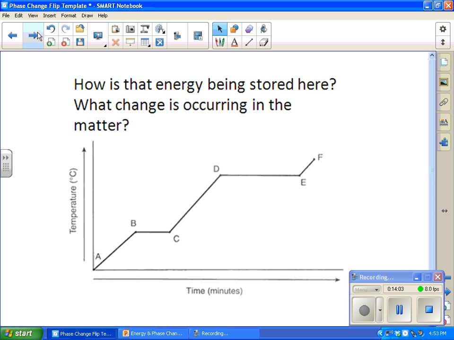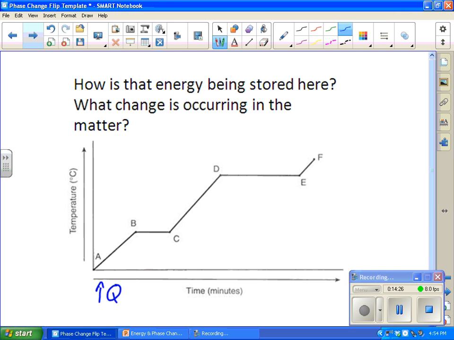How is that energy being stored here? What change is occurring in the matter in these different portions of the phase change diagram? Well, let's take a look at the region from A to B. We have a temperature increase as we increase Q.